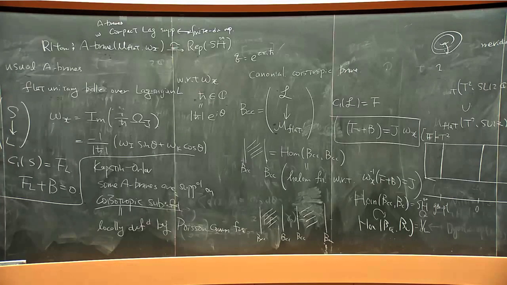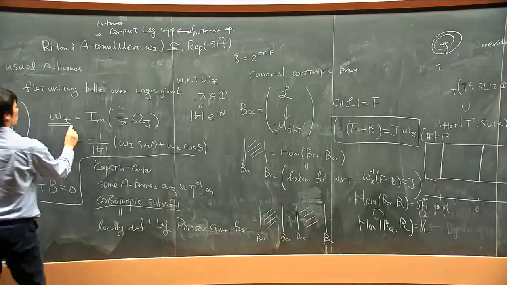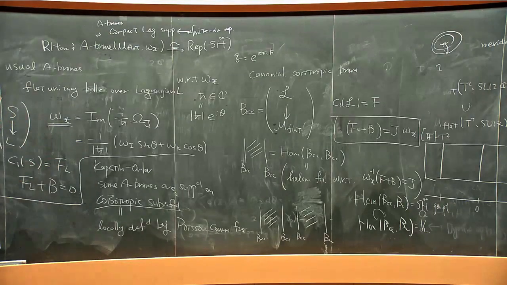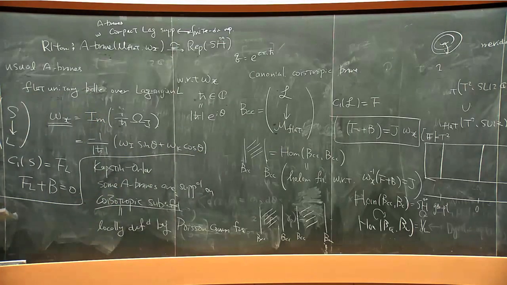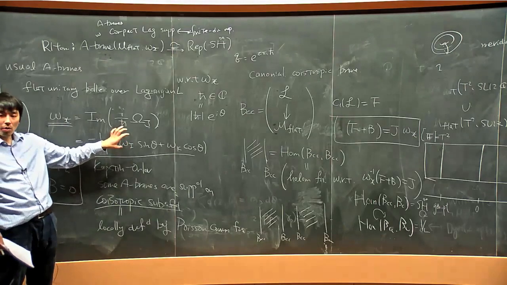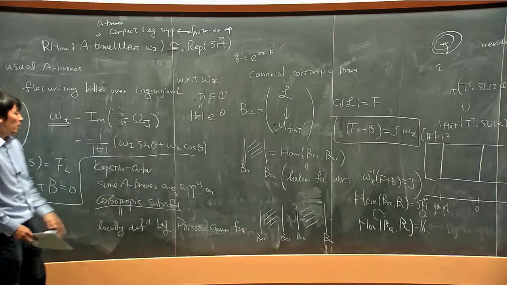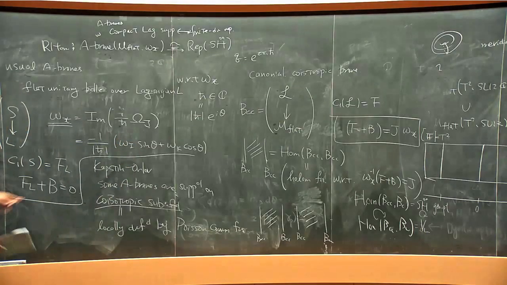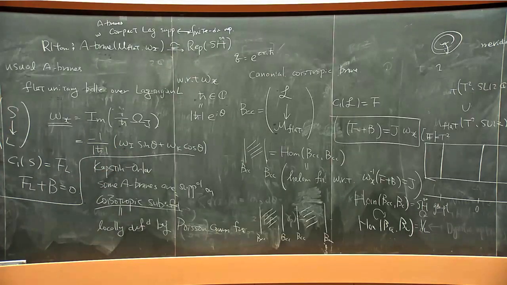And if you look at, did I erase the formula for omega X? Okay. Omega X. The A-brane supported on the generic fiber can be Lagrangian only when theta is equal to 0. The other parameter is a mixture of omega I and omega K. So the symplectic form is a mixture of omega I and omega K. You have to kill the contribution of omega I in order for this brane to be Lagrangian.